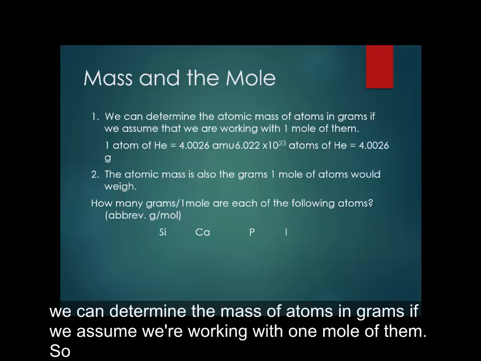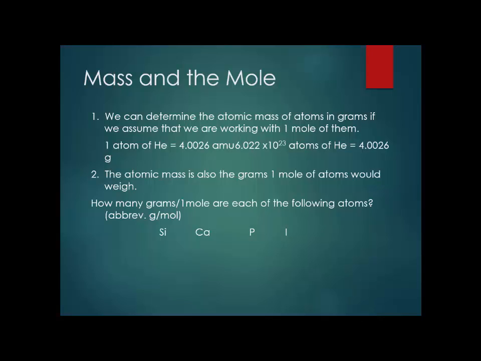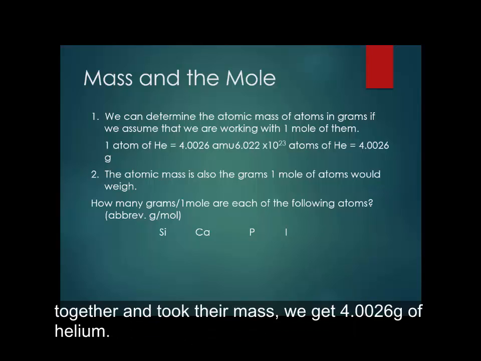We can determine the mass of atoms in grams if we assume that we're working with 1 mole of them. So 1 atom of helium is 4.026 AMU. And if we took 6.022 times 10 to the 23rd atoms of helium and put them all together and took their mass, we'd get 4.0026 grams of helium.